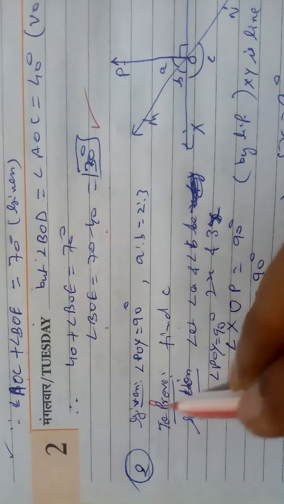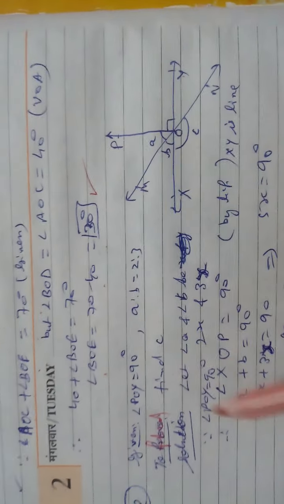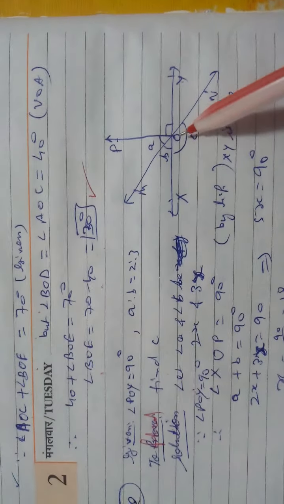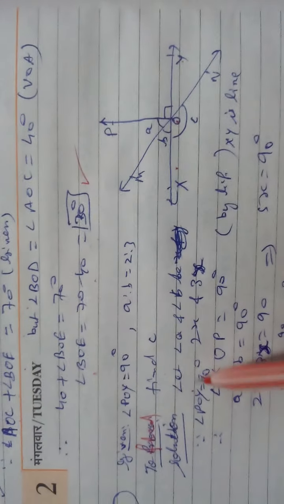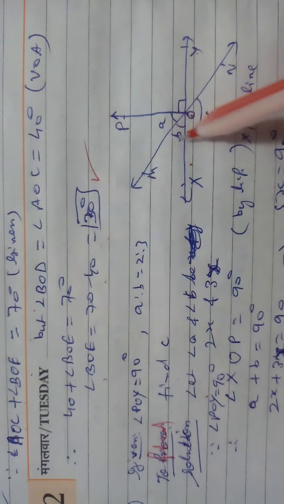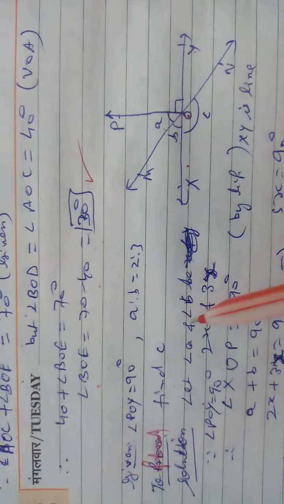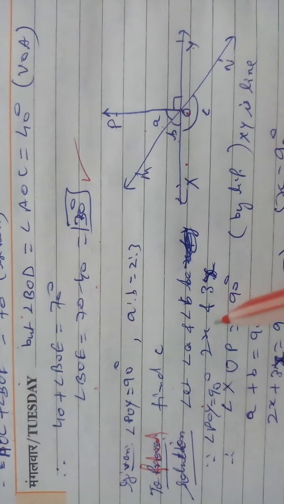What is given, you write down. To find angle c. Solution: the ratio a to b is given as 2:3, so let angle a be 2x and angle b be 3x.